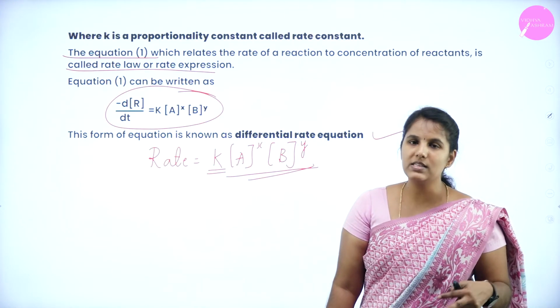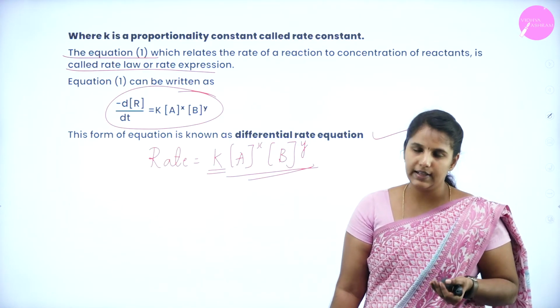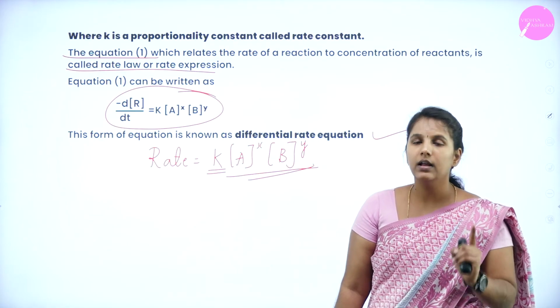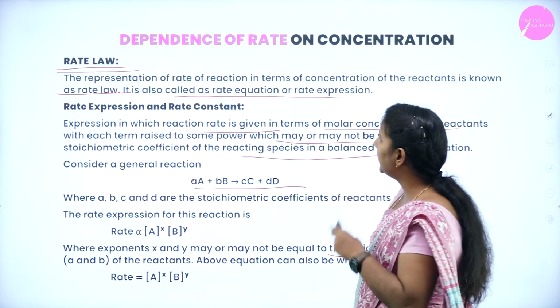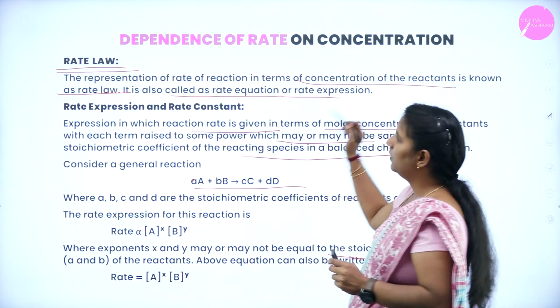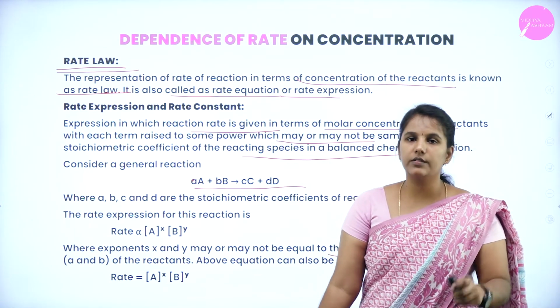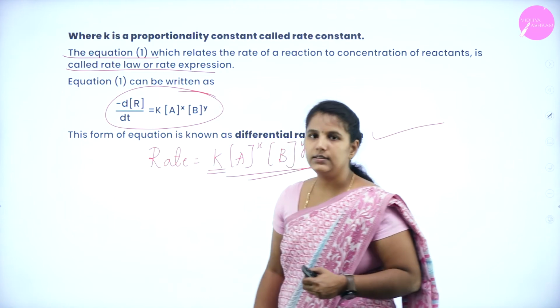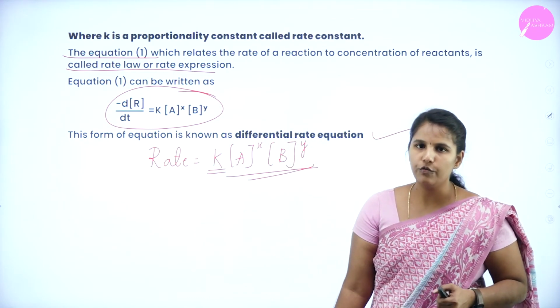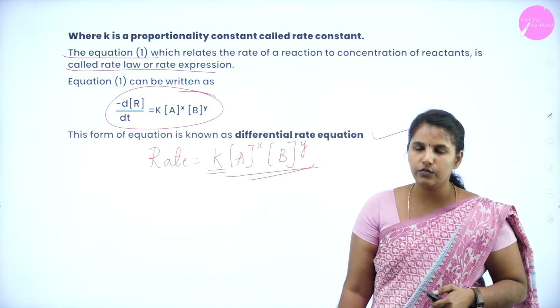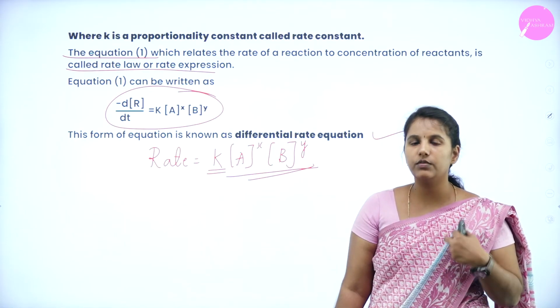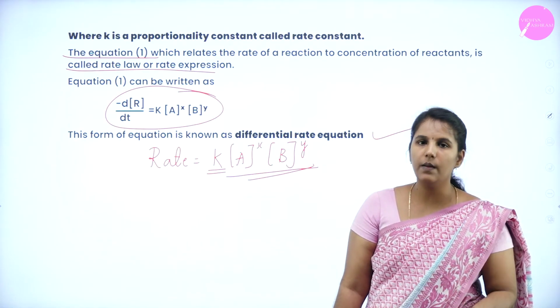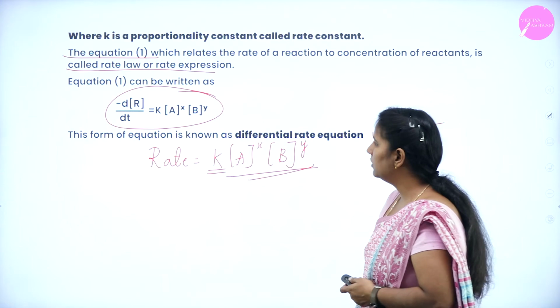Hence this is known as the differential rate equation. Remember, the rate law always describes the concentration of the reactant. That is why it is minus d of the concentration of R. Hope you all understood how the concentration affects the rate of the reaction.